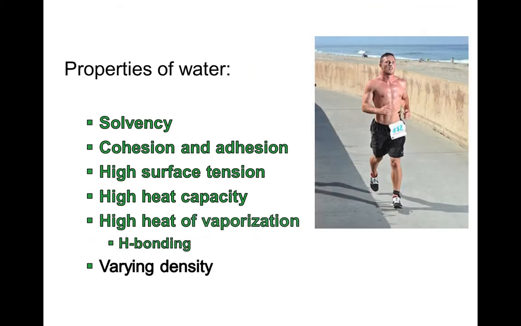Water also has a high heat of vaporization. It takes a lot of energy to break the hydrogen bonds in water so that it becomes gas and evaporates. Heat is passed out as sweat evaporates from our body, which allows us to avoid our body temperature from rising too high in normal activities.